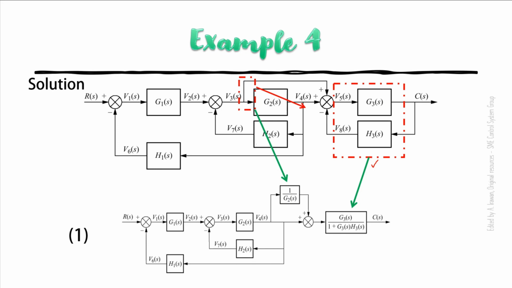Okay, and then we simplify this one, G2, and then we can get something like this. Here the summing junction is still here. So in our mind we try to eliminate the summing junction and the pick off point as much as possible.